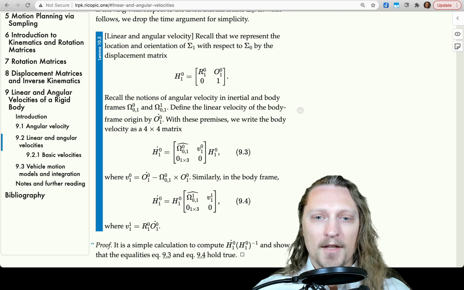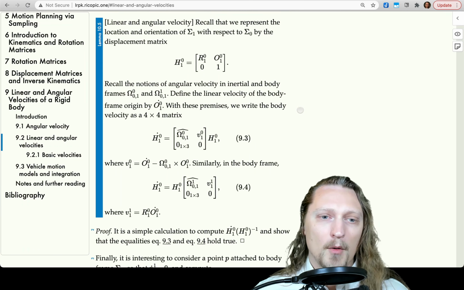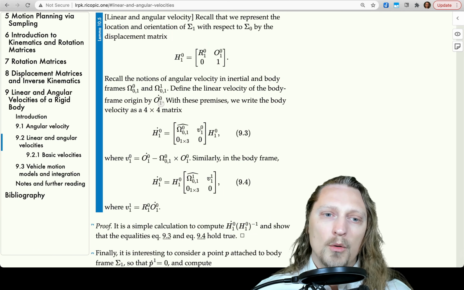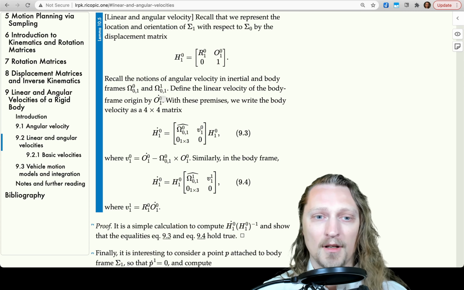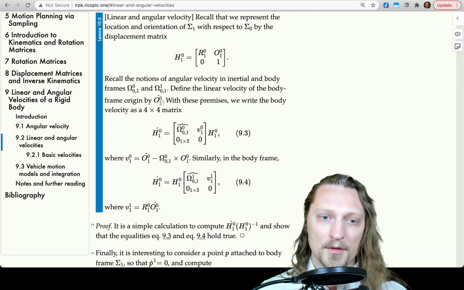Define the linear velocity of the body frame origin by O10 dot, which is the time derivative of the translation of frame 1 with respect to reference frame 0.